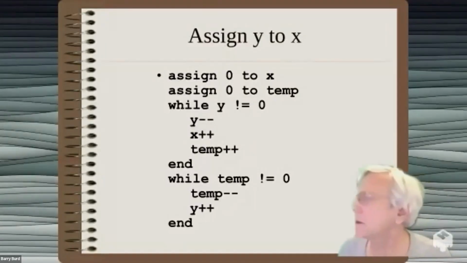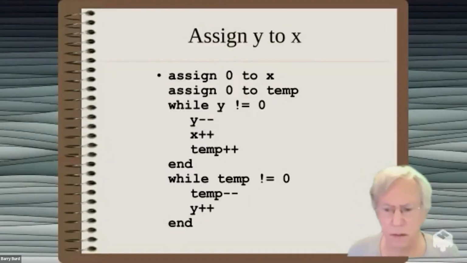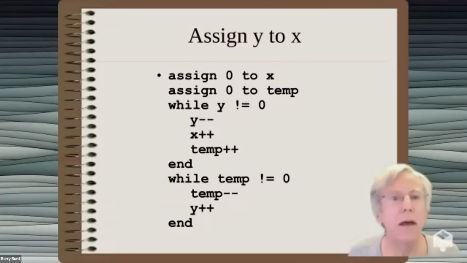Yeah, so look what's happening here. Barry, is the purpose of the second loop there just to restore the original value of y? Yes.